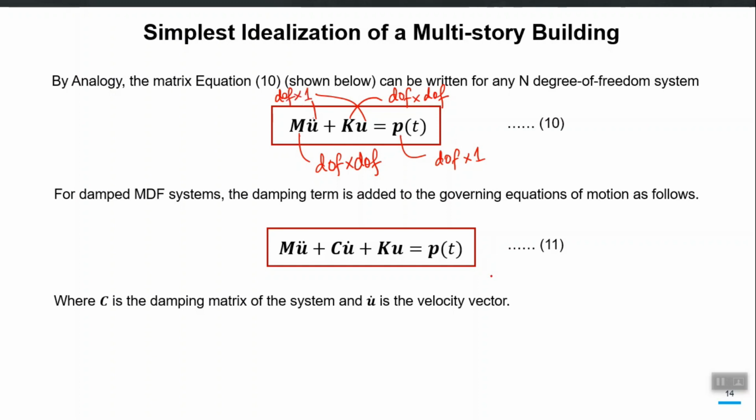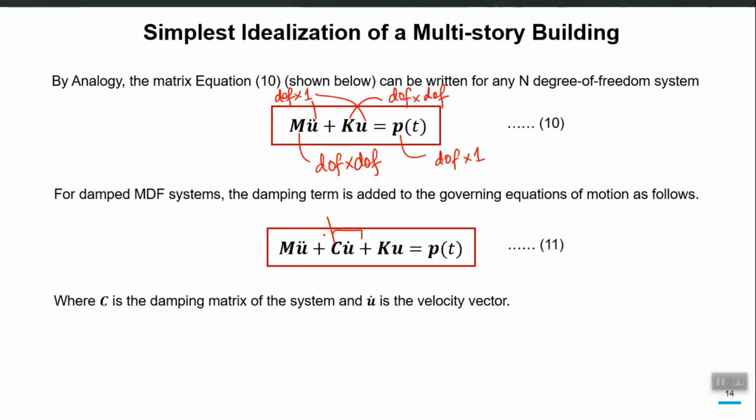If you add damping, the same steps will be followed, and you will have a new term here, C u dot, where C is called the damping matrix, degree of freedom by degree of freedom. And currently, by the way, you don't have any idea about how we can formulate this damping matrix, but we will have a separate chapter maybe about it, or one session about it.